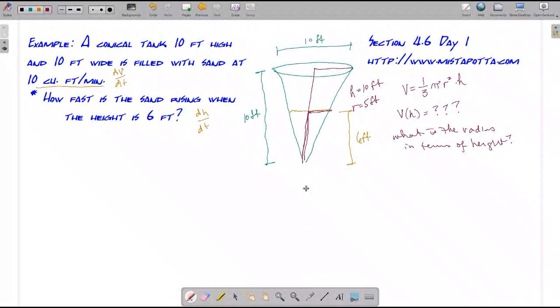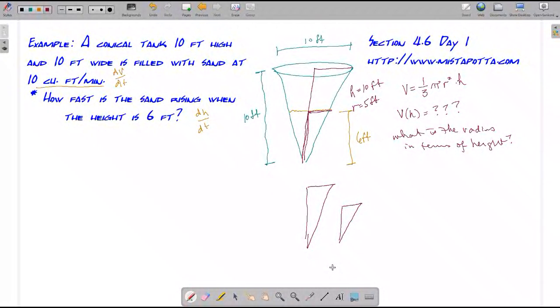But in reality, as I fill this conical tank, I'm going to notice that I have similar triangles.